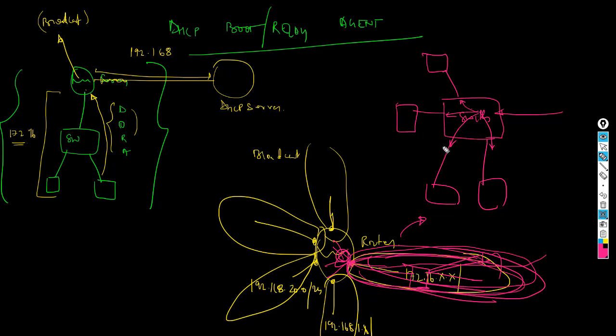Other VLANs will drop it because the packet is for a different VLAN, but the switch still does the broadcast. That's why a switch is said to be broadcasting in nature, whereas a router is not going to broadcast, it's going to drop it immediately.